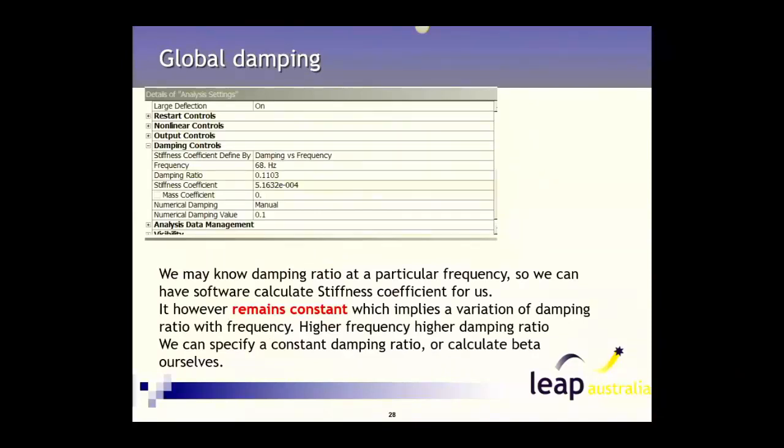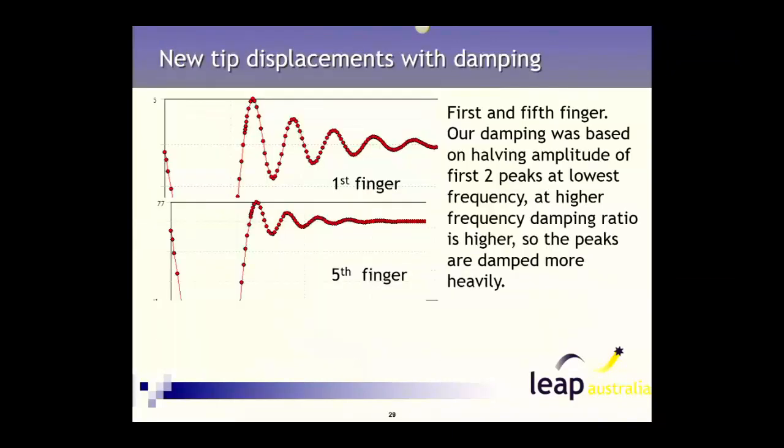Here this is just reiterating: the stiffness coefficient that is calculated here remains constant across all of your frequencies. We're basing it off this particular combination of frequency and damping ratio. This shows the effect.